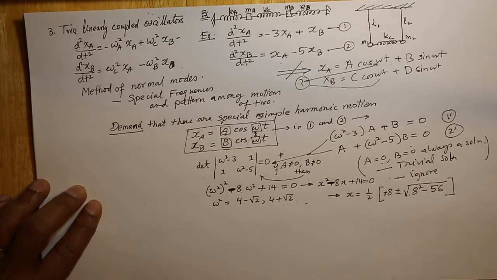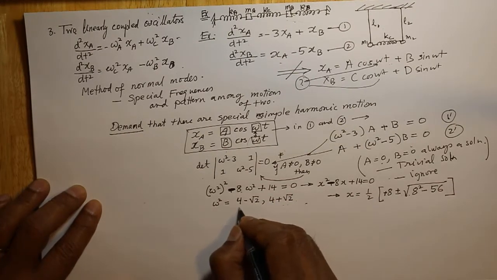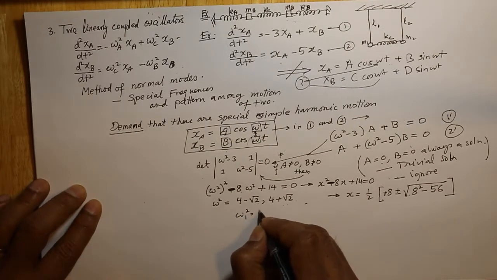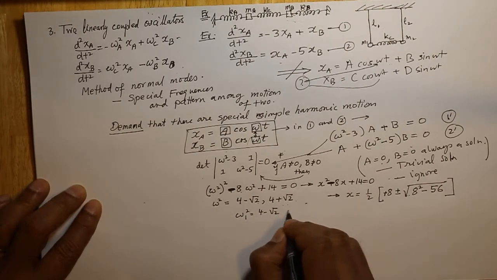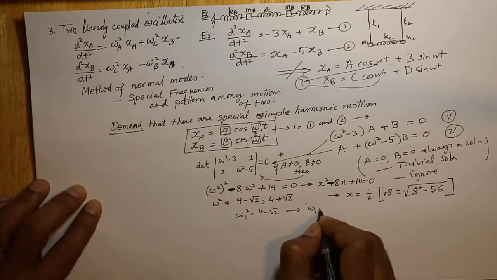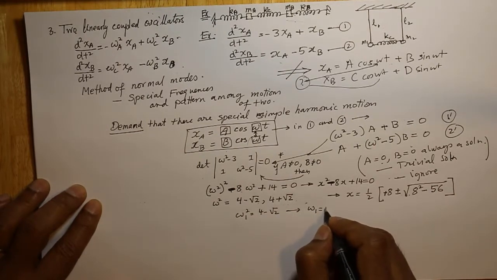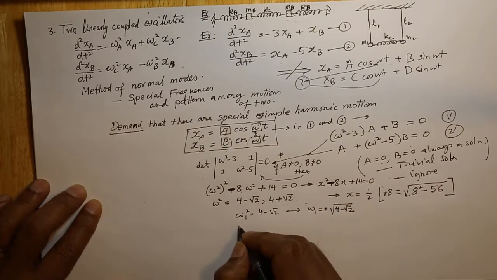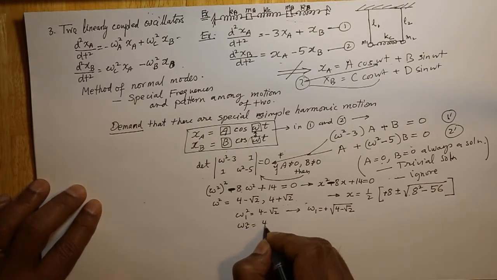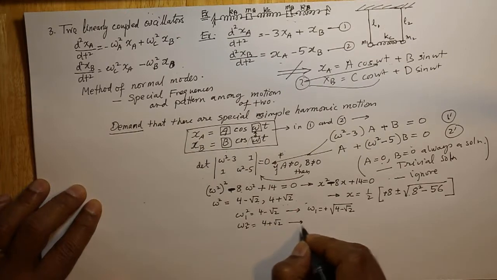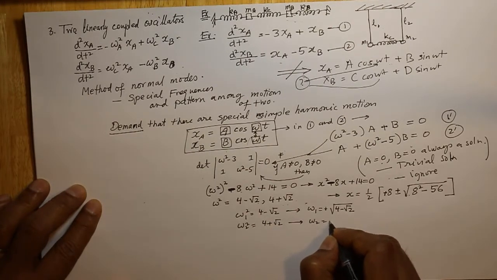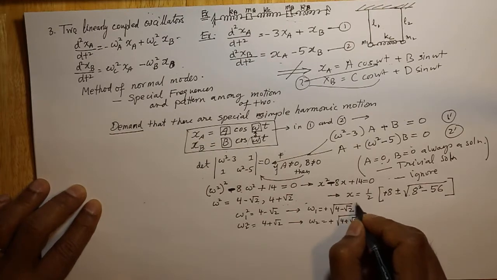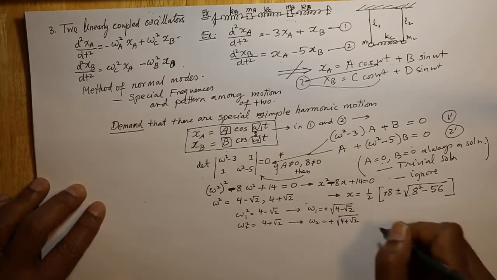So we just say omega 1 squared is 4 minus square root 2. That means omega 1 is, and we just keep the positive root for positive frequency. And omega 2 squared equals 4 plus square root 2, and omega 2 is the positive square root of 4 plus square root 2. This is very common in solving these problems, square root of square root, you know.